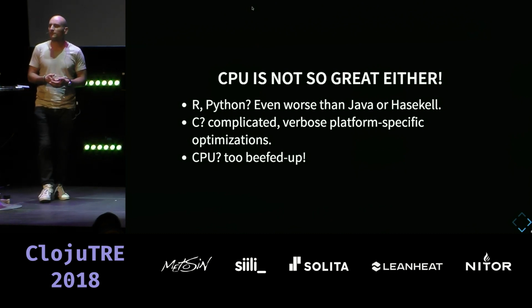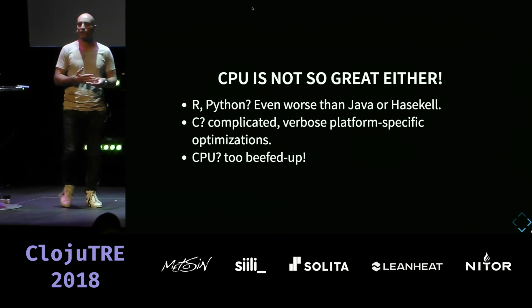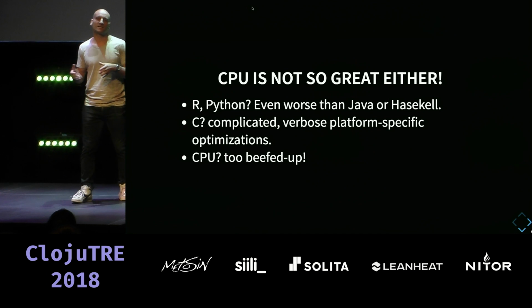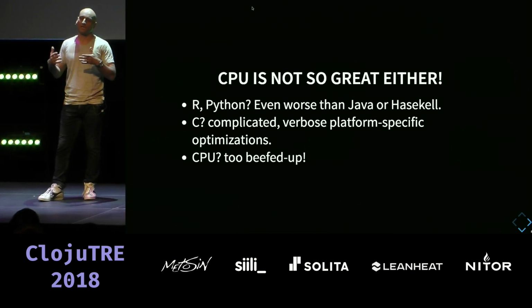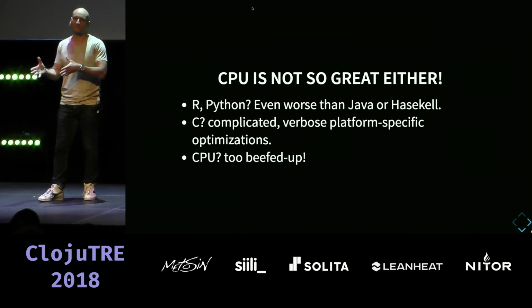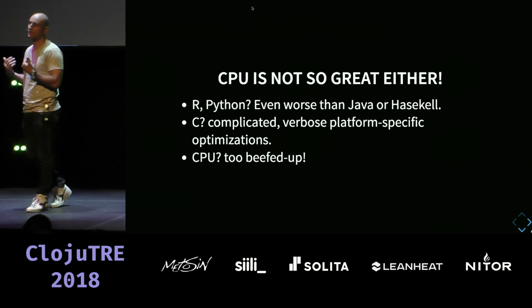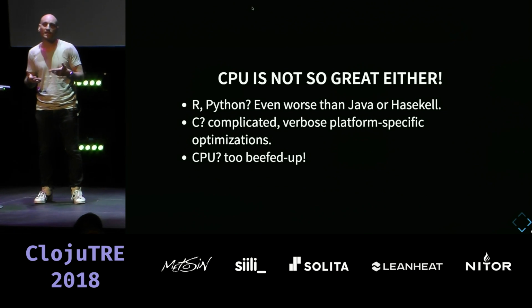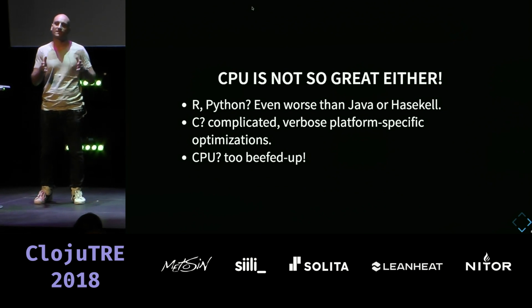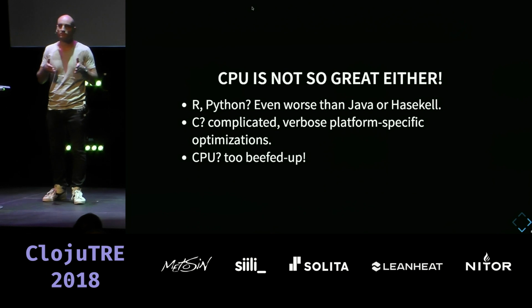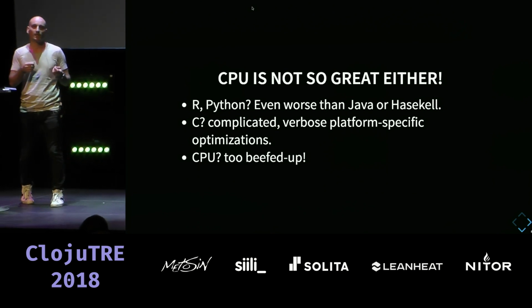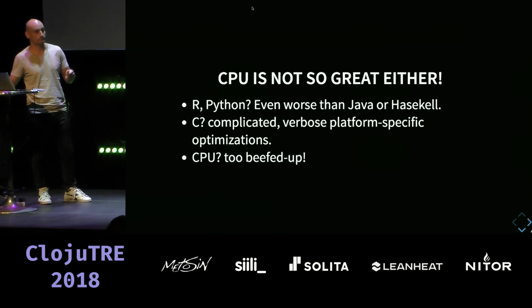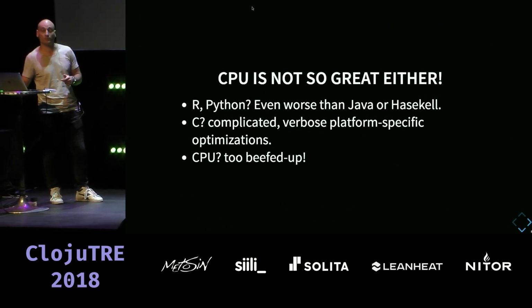And the CPU itself is not that good at number crunching because it has so many features that it has to spend lots of transistors on features that are not really used in number crunching. And then it has to dedicate fewer transistors, less hardware, to the actual floating point operations.